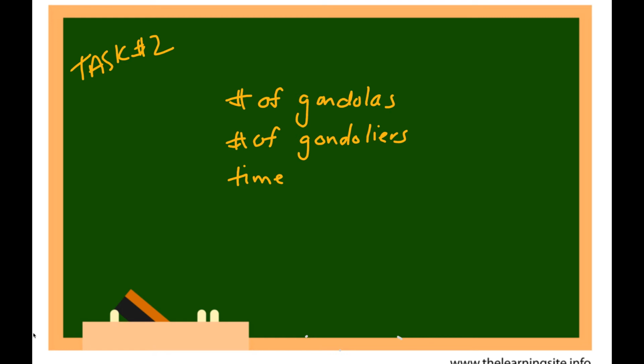And the last thing that I would suggest is taking a look at your constrained versus unconstrained demand. Basically what that means, from my understanding of the case study, is there is high demand for the gondolas.